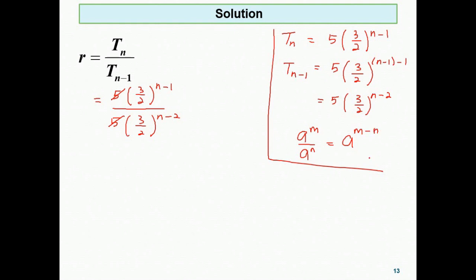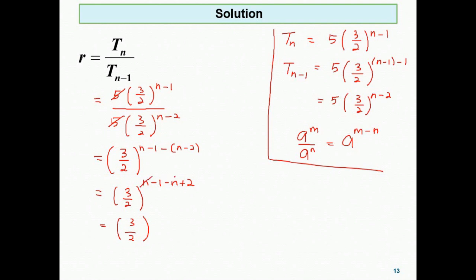So this can be written as (3/2) to the power of (n minus 1) minus (n minus 2). So it equals (3/2) to the power of n minus 1 minus n plus 2. Simplify the index. So we have (3/2) to the power of, n minus n cancels out, negative 1 plus 2 equals 1.